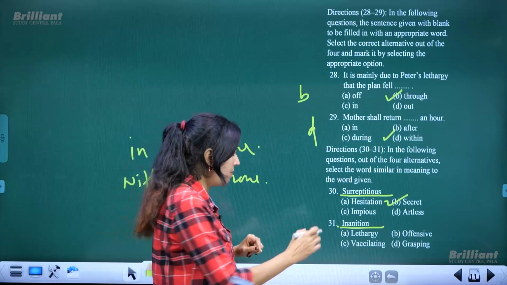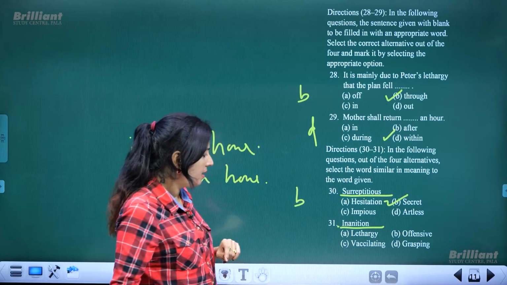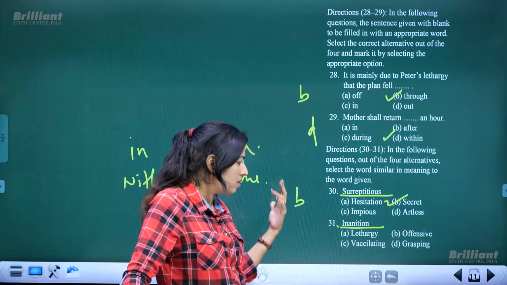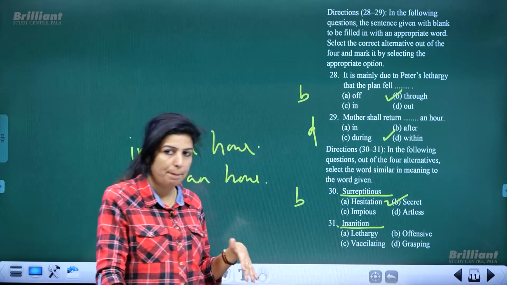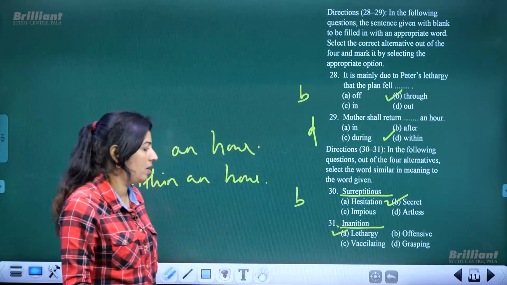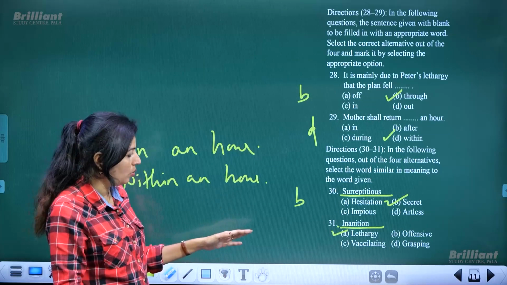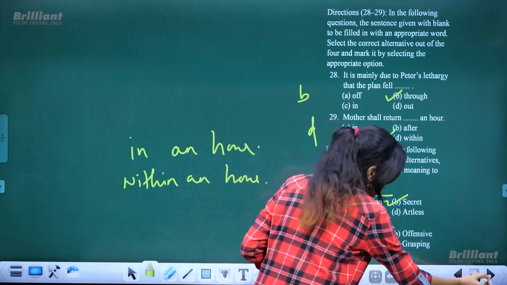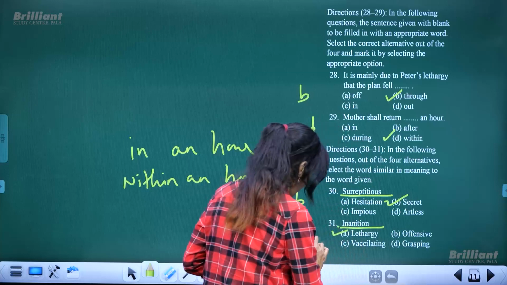So it's option number B. And inanition means the one who is slow and a bit lazy or lethargic, the one who is slow in action. Option number A.